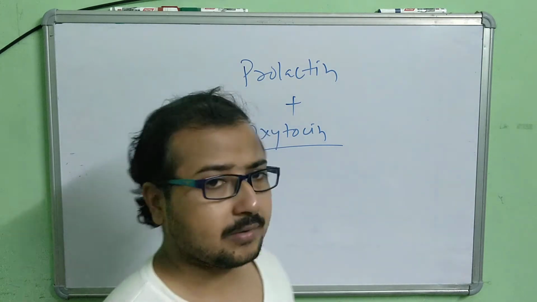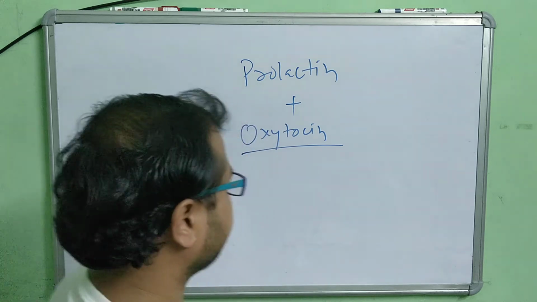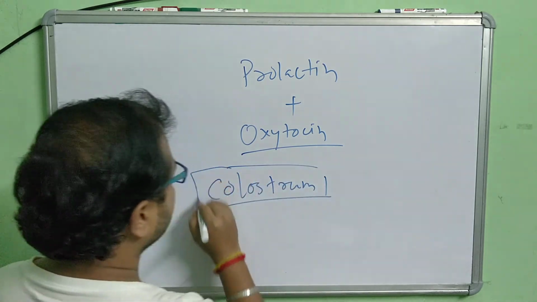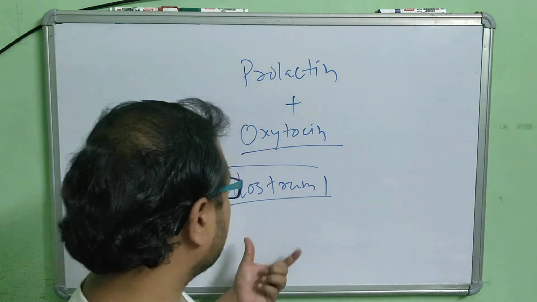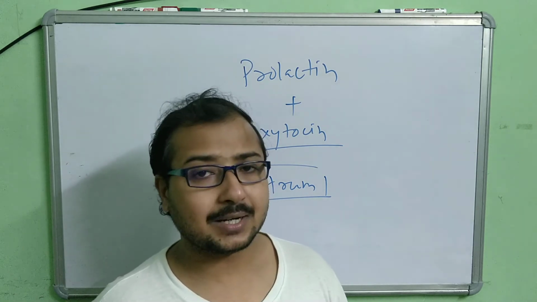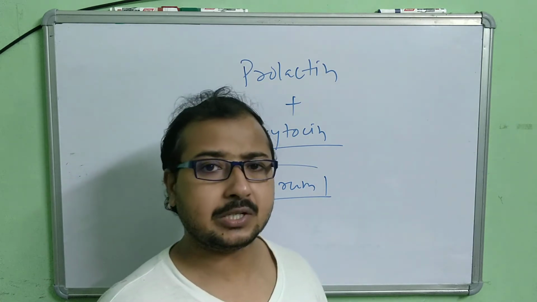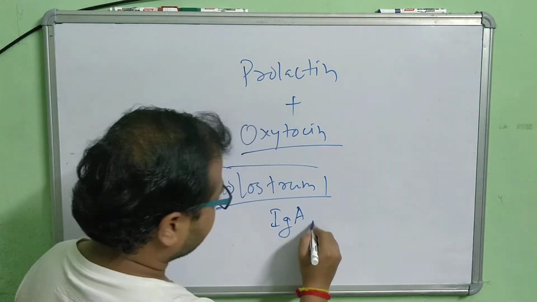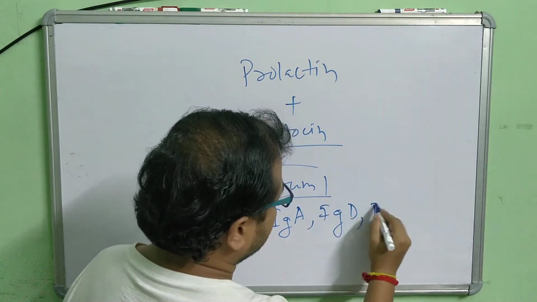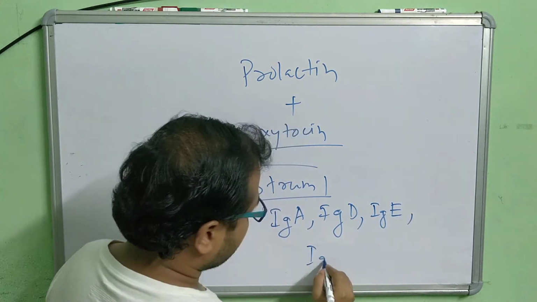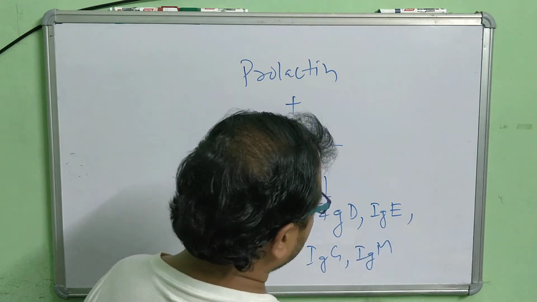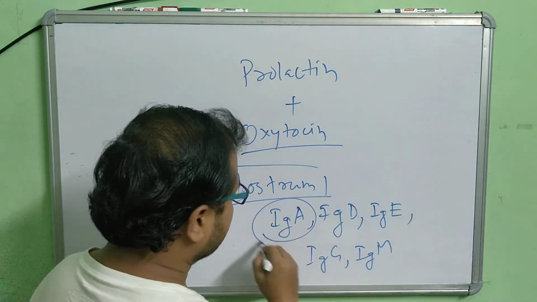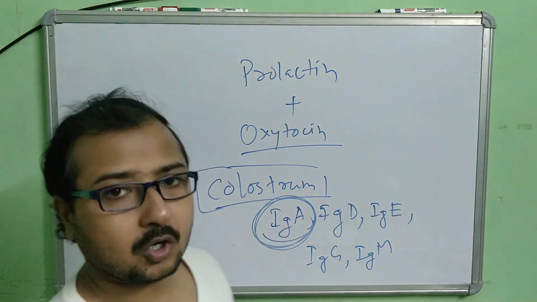The first milk produced by the mother is called colostrum, the initial milk produced by the mammary gland. This colostrum contains very important antibodies. Most of the antibodies are present in the mother's milk, like IgA, IgD, IgE, IgG and IgM. These are the main antibodies present in the mother's milk, but IgA is the most abundant.